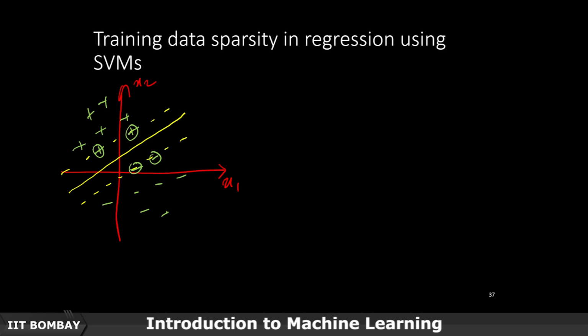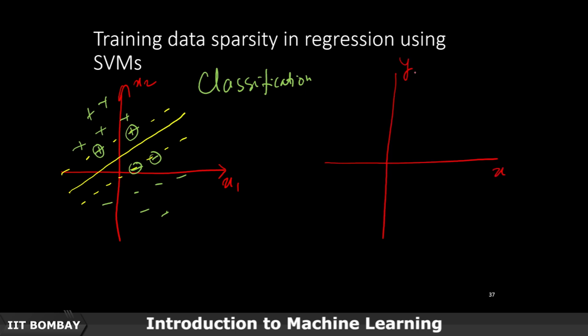On the other hand, for regression we have, let's say, y and x. So this is x, this is y, or t, what we want to predict.